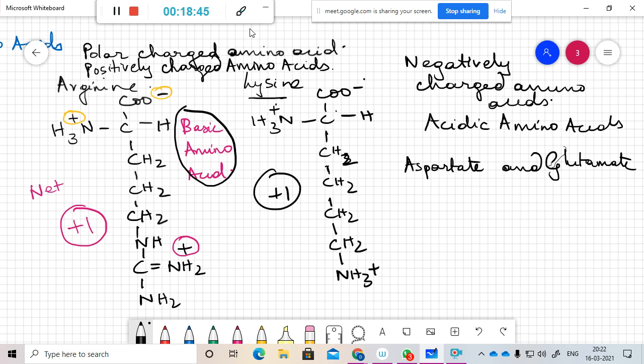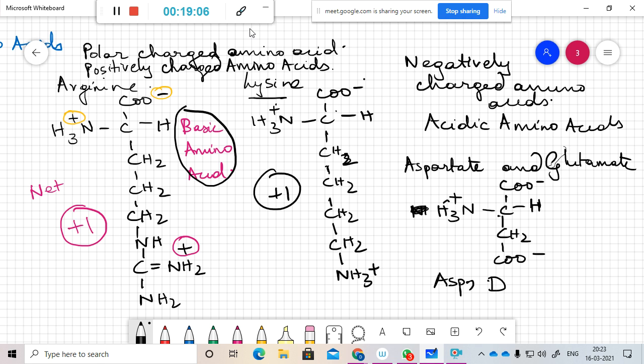Let's look at the structure of aspartate. The same structure, the R group has a CH2 and COO minus. This is the structure of aspartate, ASP or D.